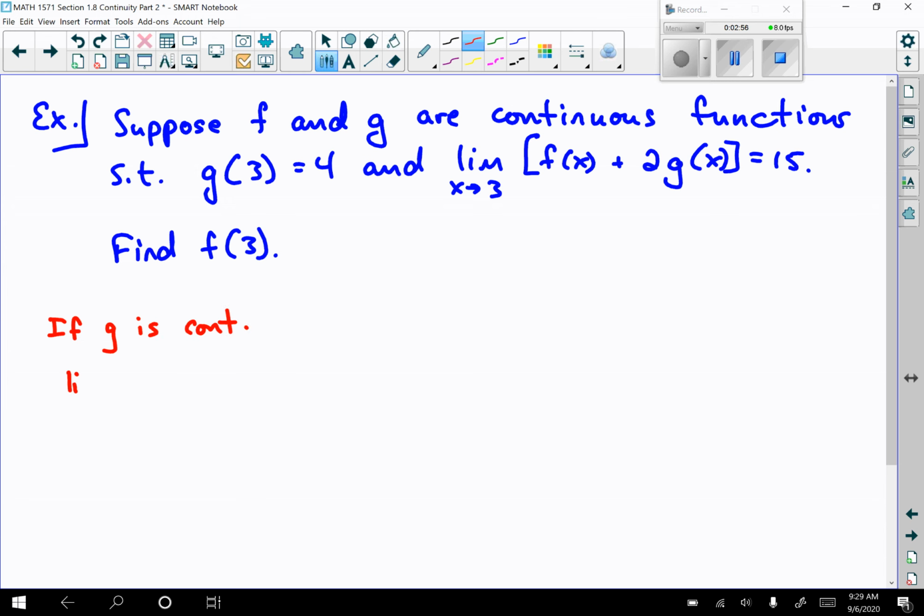what that means is the limit as x approaches 3 of g of x, we're going back to that definition from the first part, is equal to g of 3. And we have right up here that this is equal to 4. So then the limit of g of x as x approaches 3 is equal to 4.